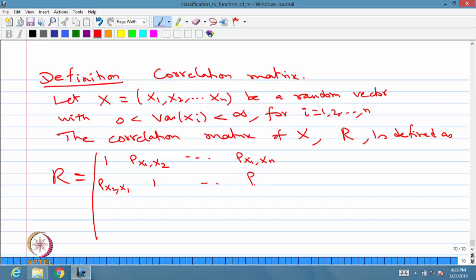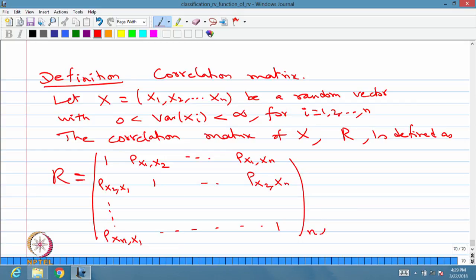The second row nth column is the correlation coefficient between x2 with xn. Like that you can fill up n rows. So, the nth row first column is the correlation coefficient between xn with x1. Like that the last element will be 1.